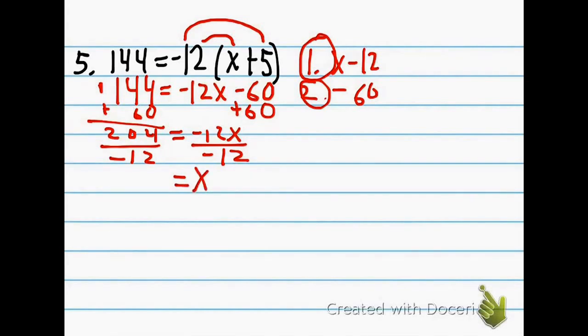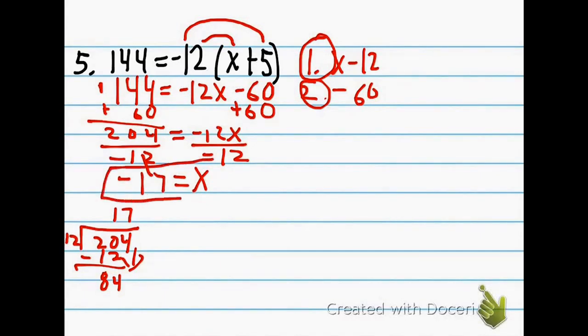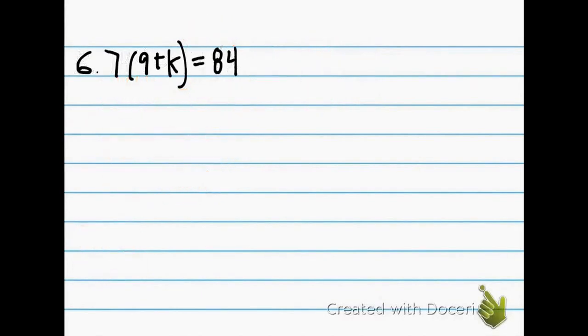So 204 divided by 12. Twelve goes into 204 17 times, so your answer is -17 since the 12 was negative. So -17 equals x. Pause the video and try solving this problem on your own.